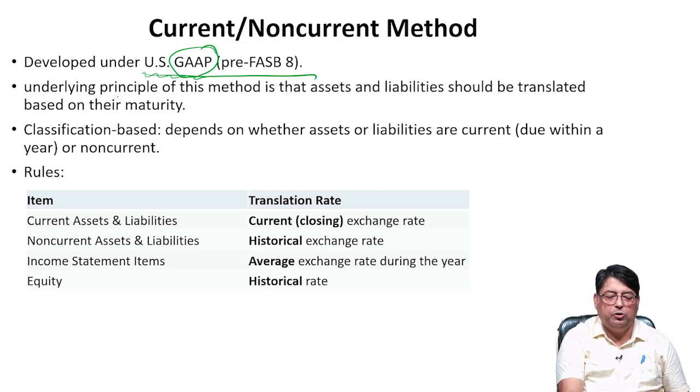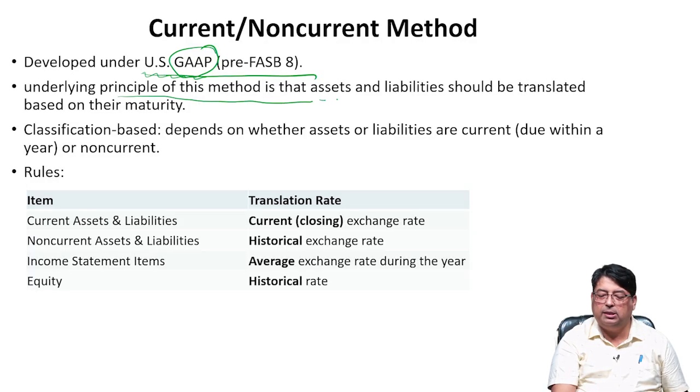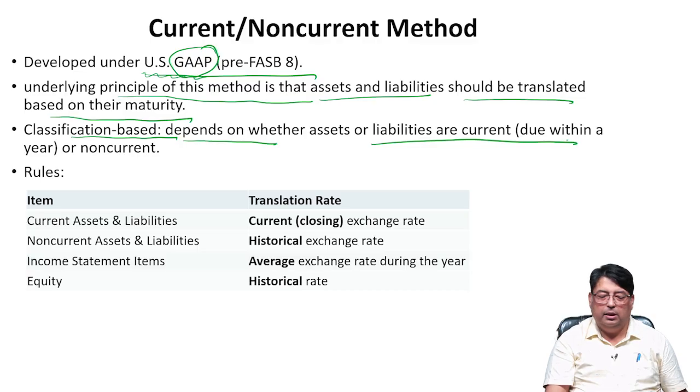Now, the underlying principle of this method is that assets and liabilities should be translated based on their maturity. The classification depends on whether assets or liabilities are current, due within a year, or non-current.